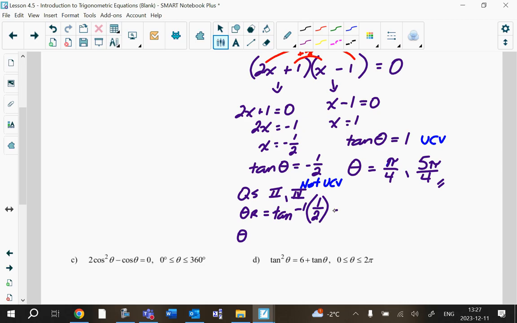And remember, we're in radians, so your calculator should be in radians. If you haven't touched your calculator, it should probably still be in radians from the last class. Unless you decided to do some trig over the weekend or something. And you should get 0.464.